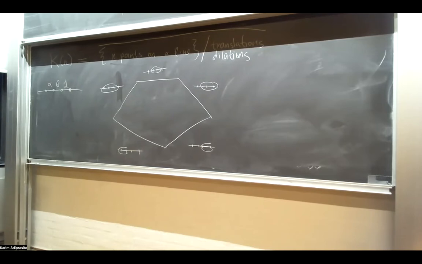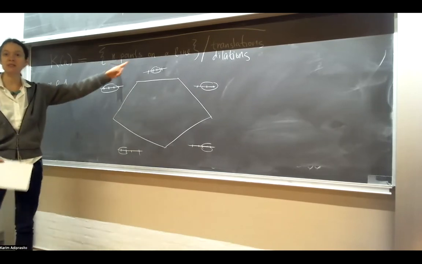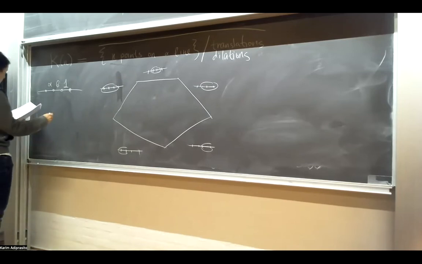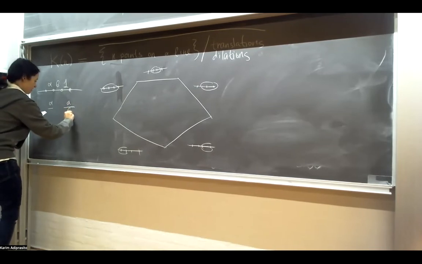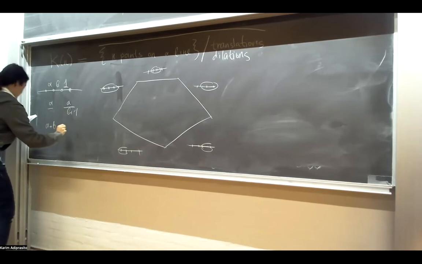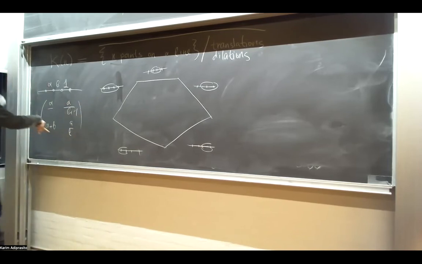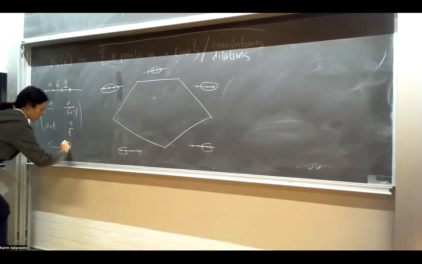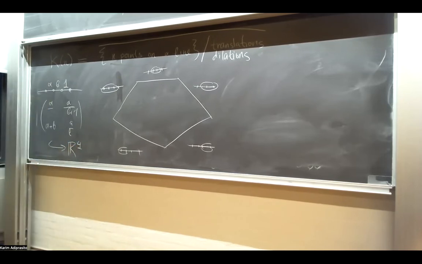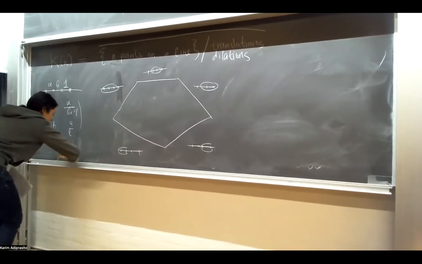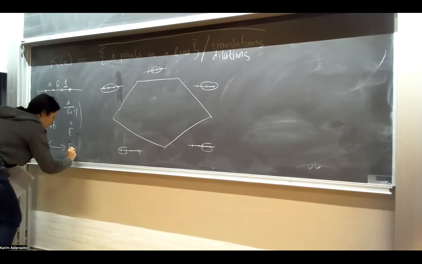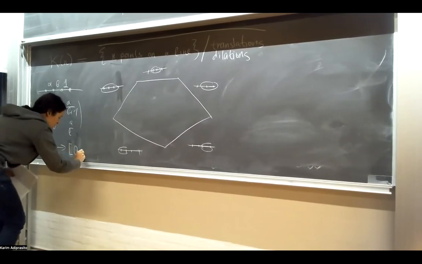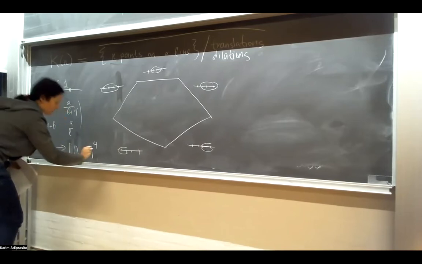Then to an element of this moduli space, we can associate a tuple of numbers as follows: B, A over..., plus 1, A plus B, A over... So this gives an embedding of the closed interval from 0 to infinity into the 4th power.